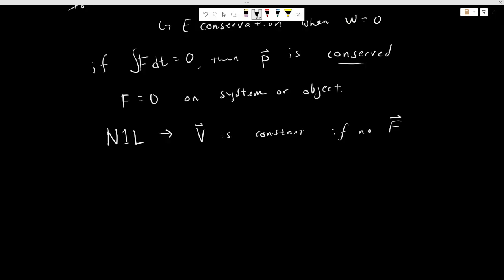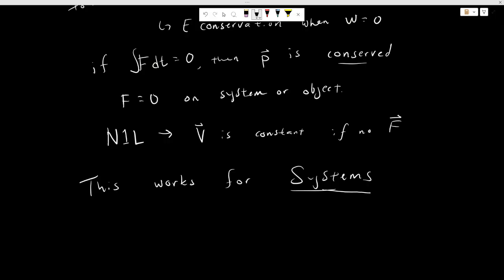But that's not really that useful to us. This is kind of an obvious statement, right? If there's no acceleration, there's no change in velocity. But this works for systems. Which is huge, right?